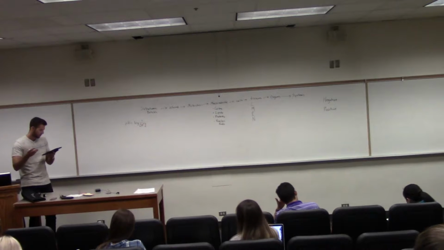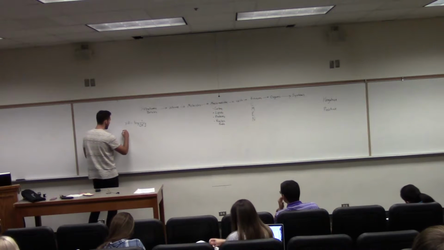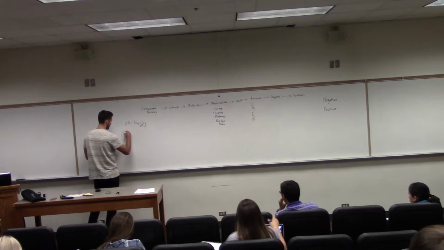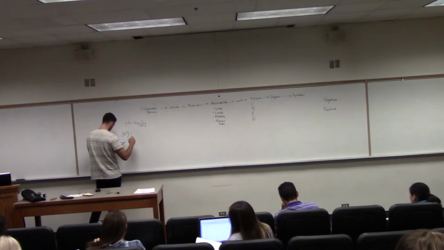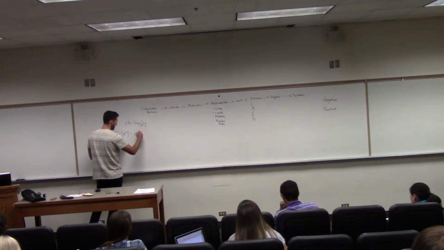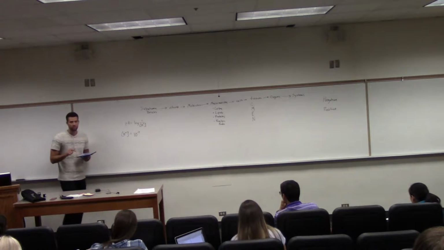Practice problem. If our hydrogen ion concentration is equal to 10 to the negative 7, what is going to be our pH?